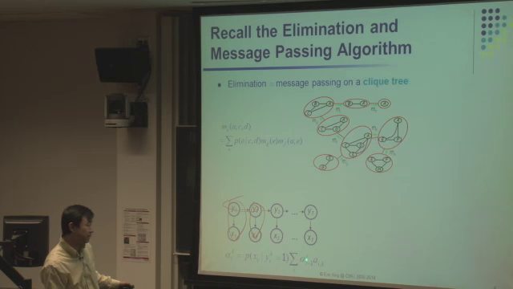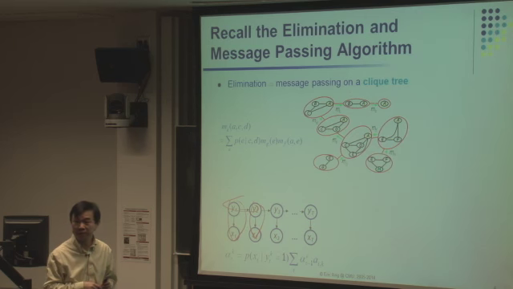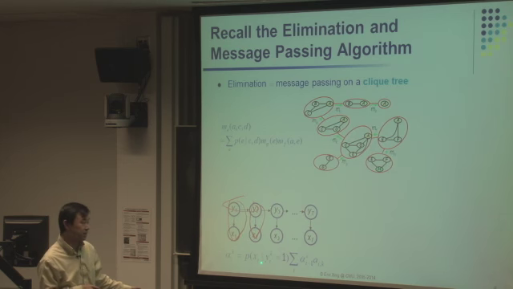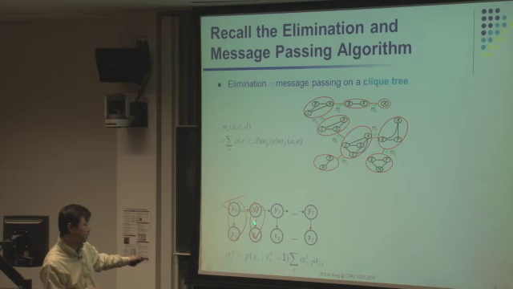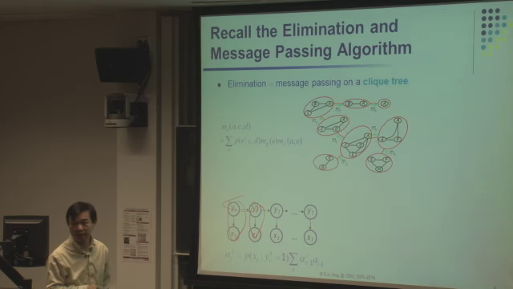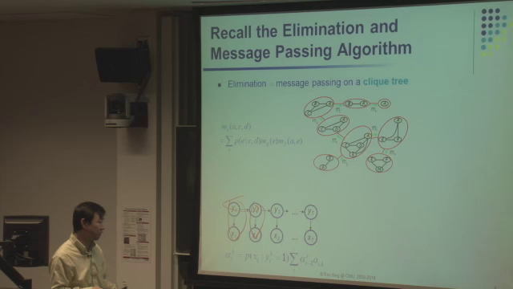This is the same message from the previous one, and what is this? This is the transition probability, which can be understood as the potential function on the clique. And what is this? This is the emission probability, which is the potential function on this clique. Those three are multiplied together to form a message.